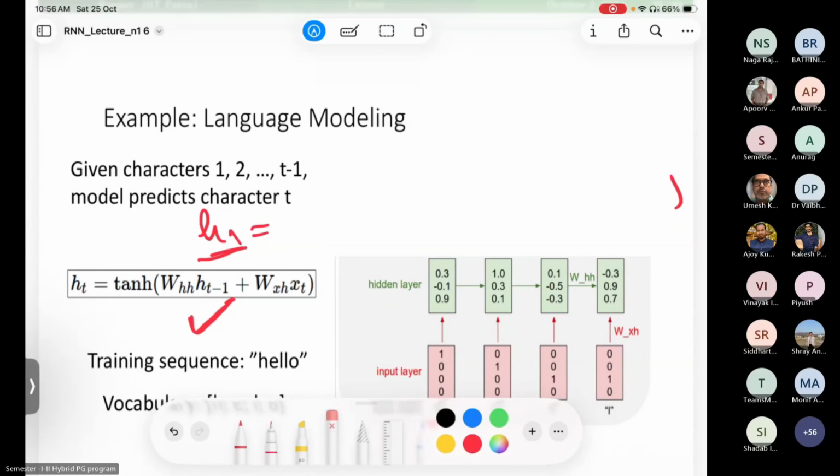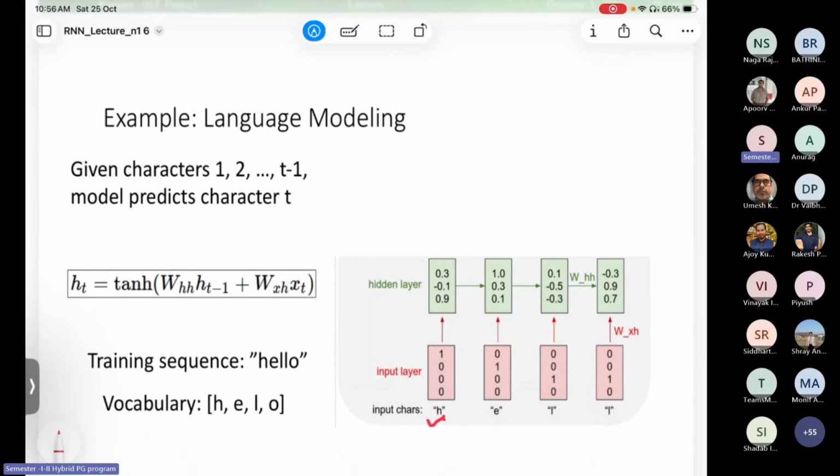All these values here are states. These values are coming from applying this function. You're generating the next state every time. So you are generating the current state with the help of the past state and the current input.